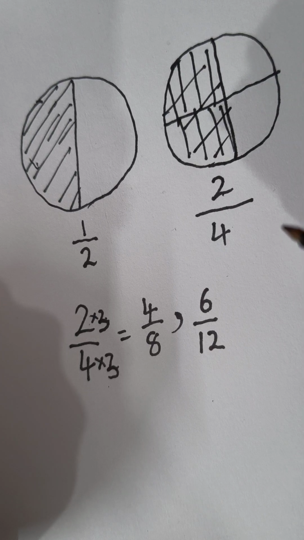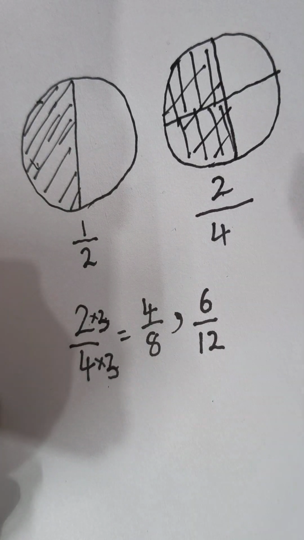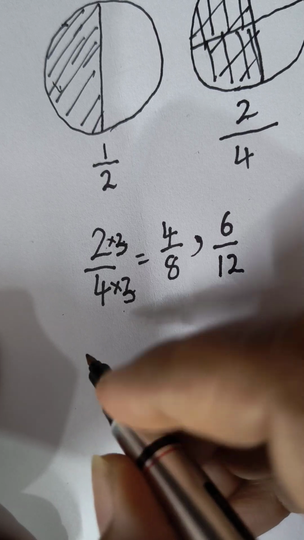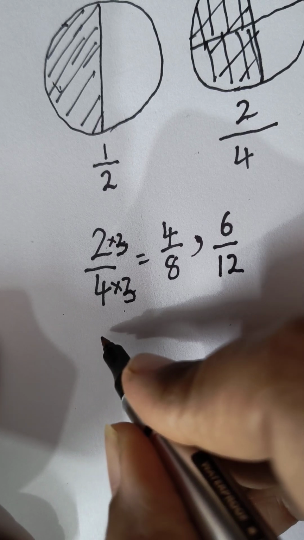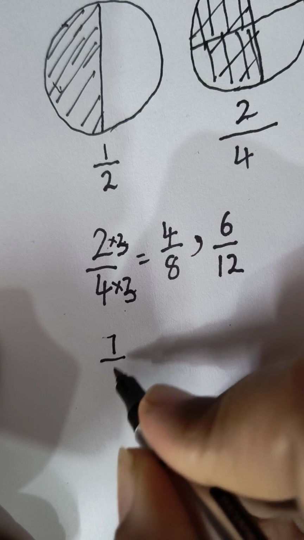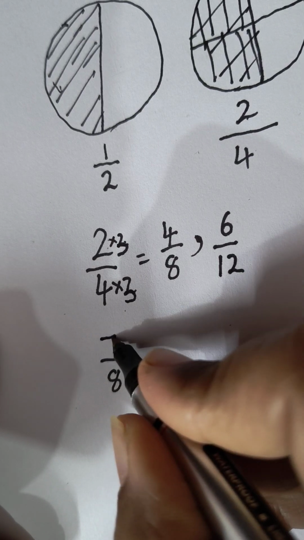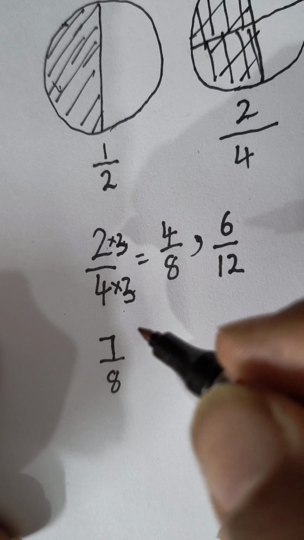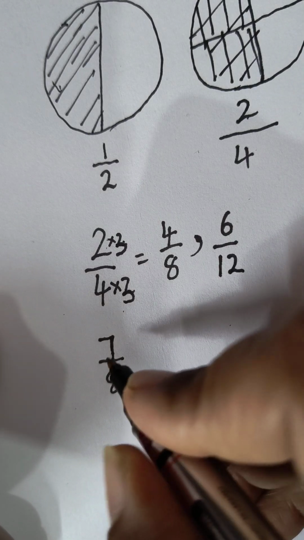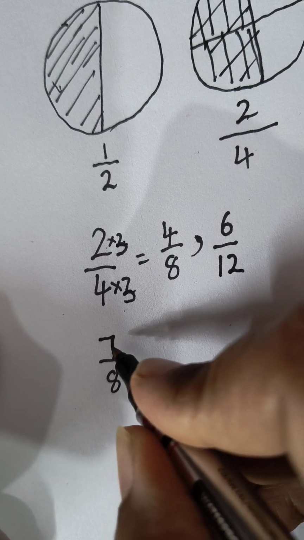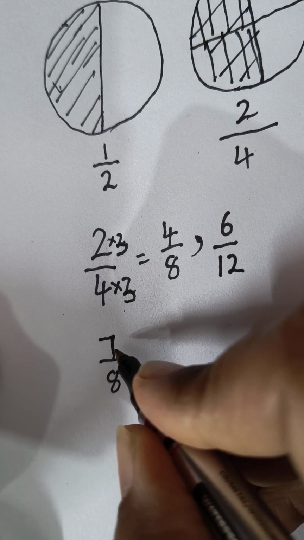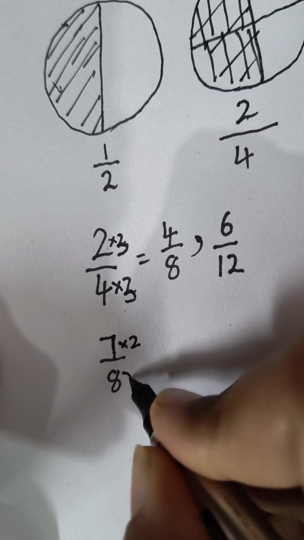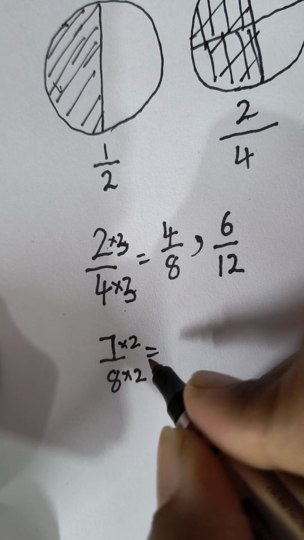I'll give you one more example. A little bigger fraction, we will take 7 upon 8. But for this you should be well versed with all your tables. The first equivalent fraction will be when we multiply the numerator and the denominator by 2.